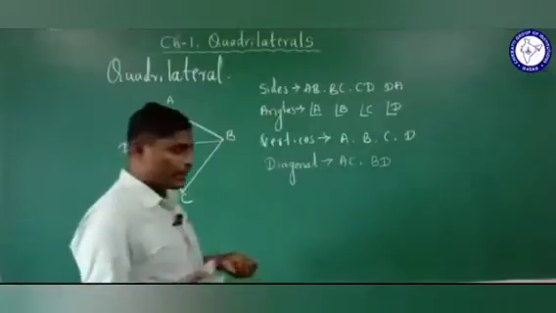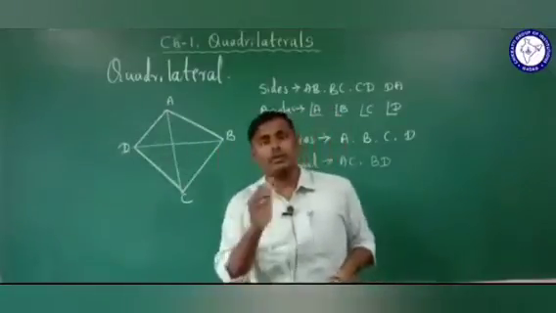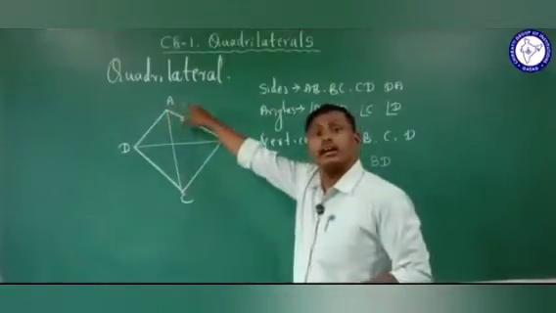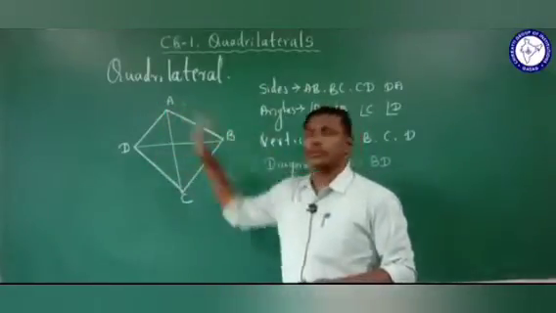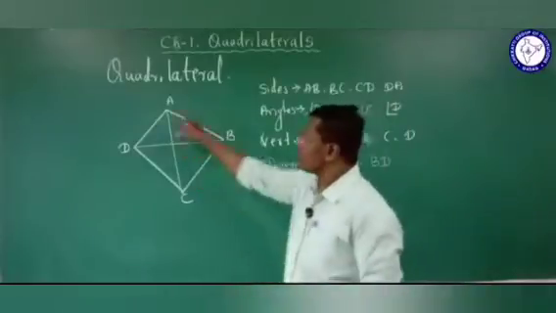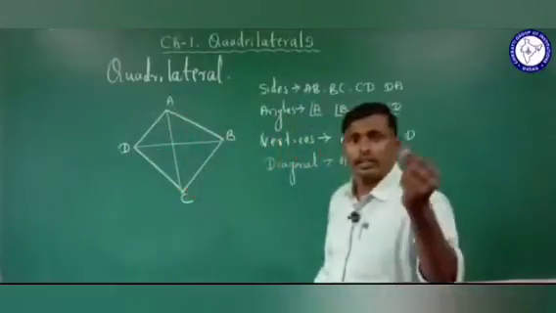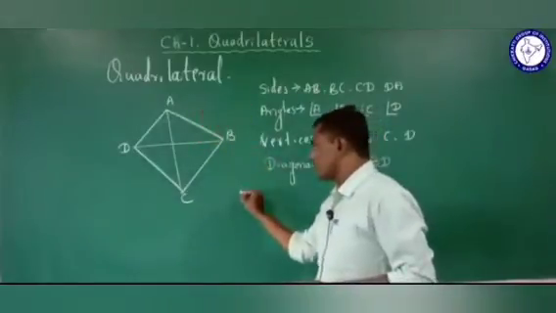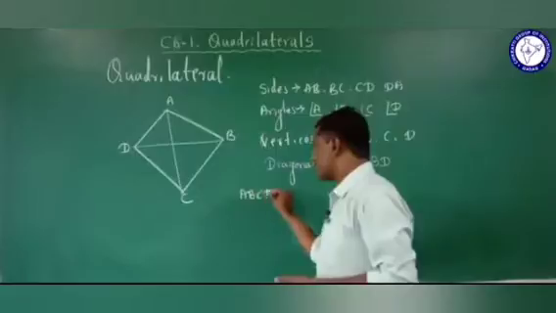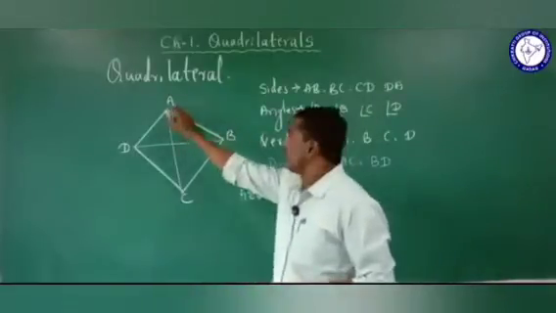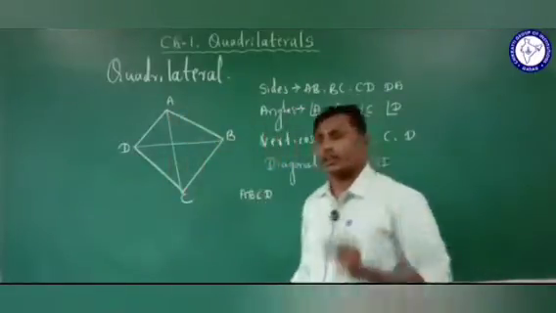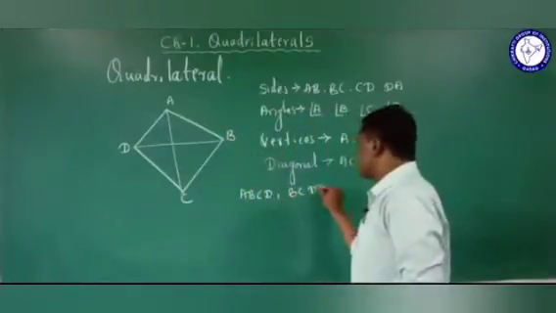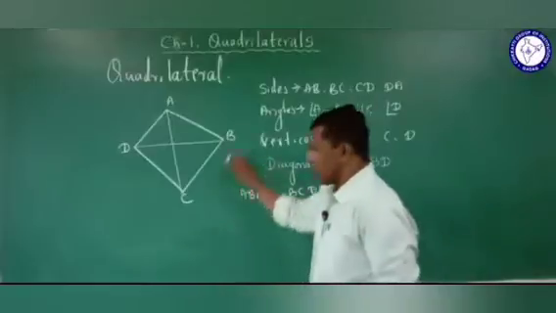Now how can we denote quadrilaterals? Usually when we denote any polygon, it is always in cyclic systematic order only. For example, ABCD is a quadrilateral. If I start from A, then ABCD. Now start from B: BCDA is also in cyclic order.